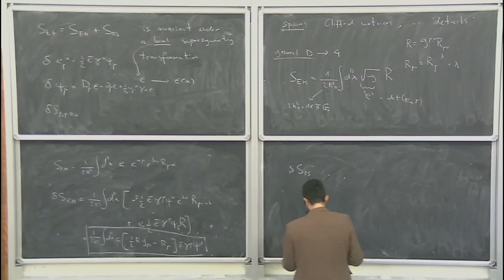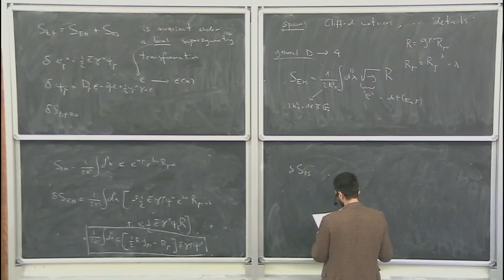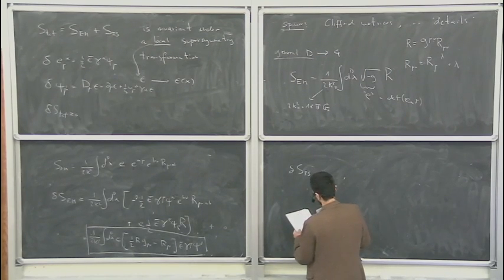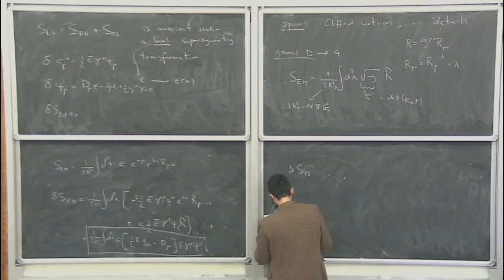Right, so we have the supersymmetry variation of the Rarita-Schwinger field and action. We have to use things like this, for example.